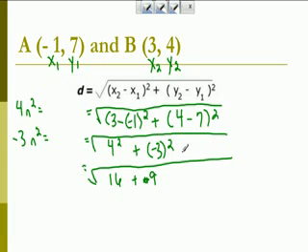Which is a positive 9. If your calculator gives you a negative 9, that is incorrect because a negative times a negative will always equal a positive.